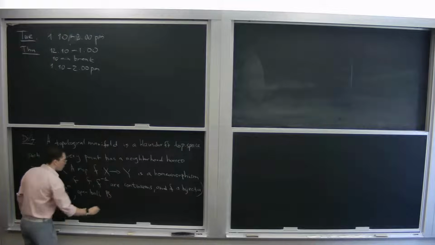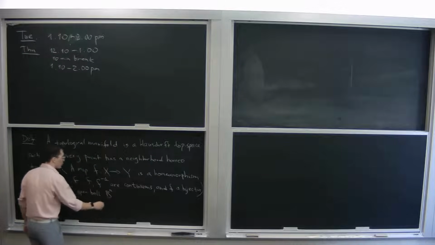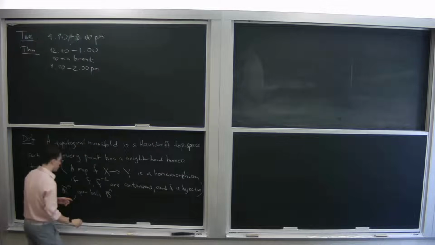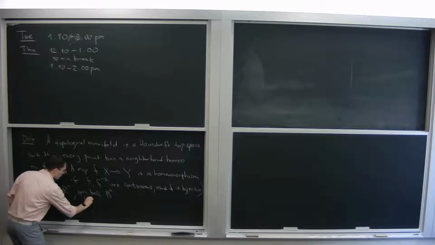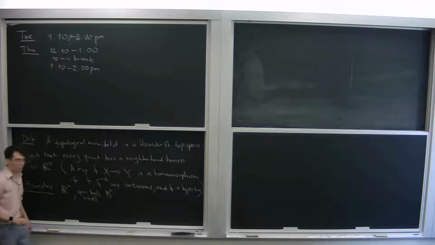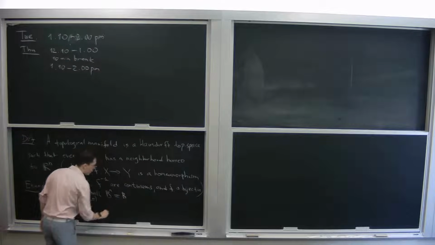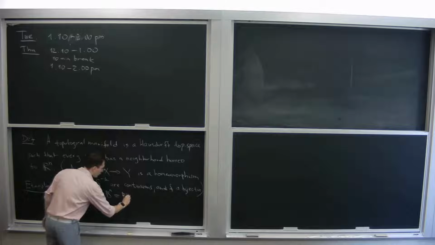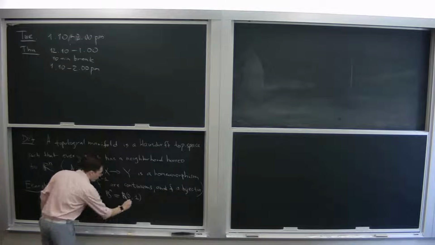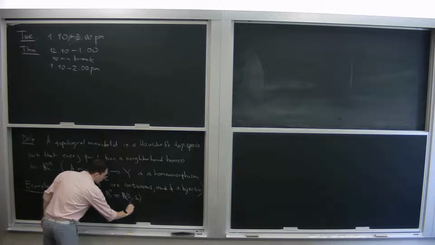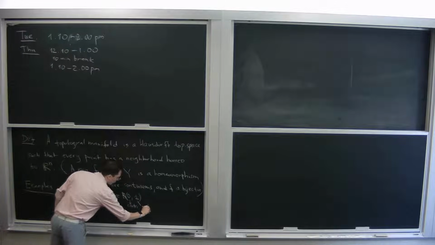The open unit ball Bn usually denotes the unit ball, so this is B, which I usually denote B(O, 1), where O means that this is the center, the origin, and 1 is the radius.